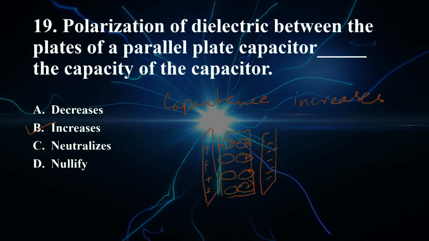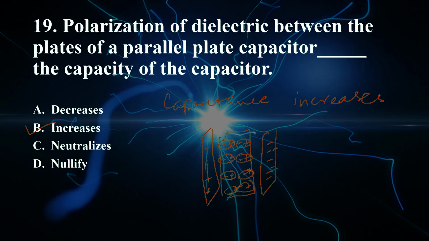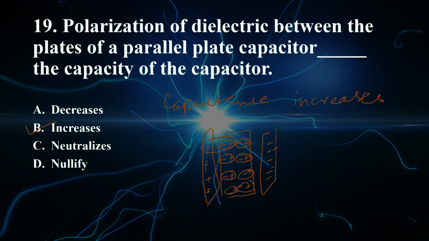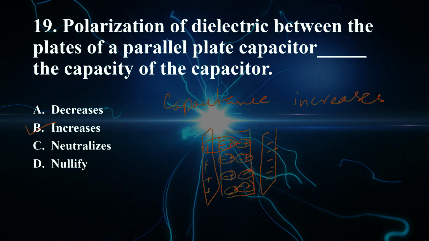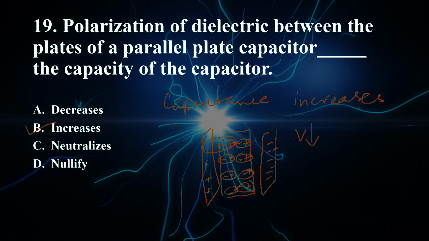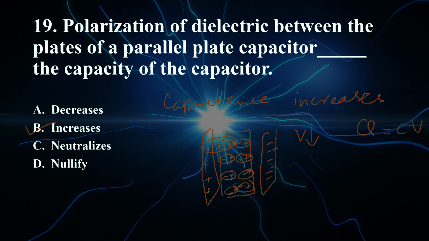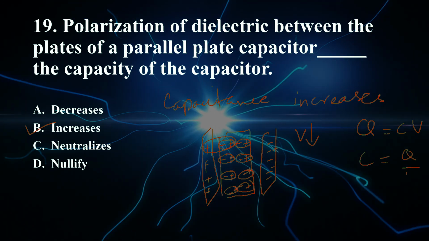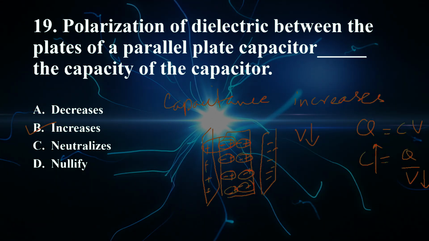So the effect of some of the charges in the parallel plate capacitor will cancel out because of this polarization, and the voltage will decrease. And we know that Q equals CV, the formula of capacitance, and C equals Q by V. If the voltage decreases, the capacitance will increase.